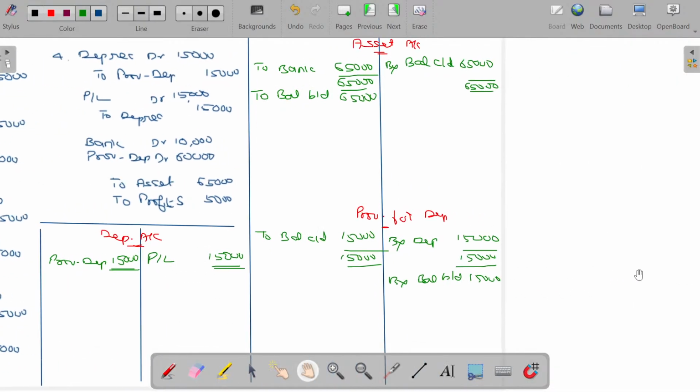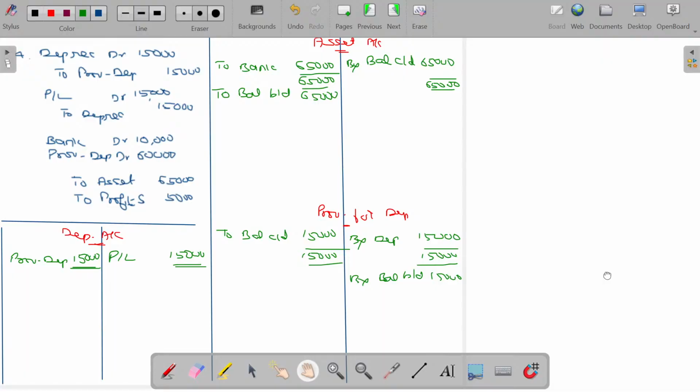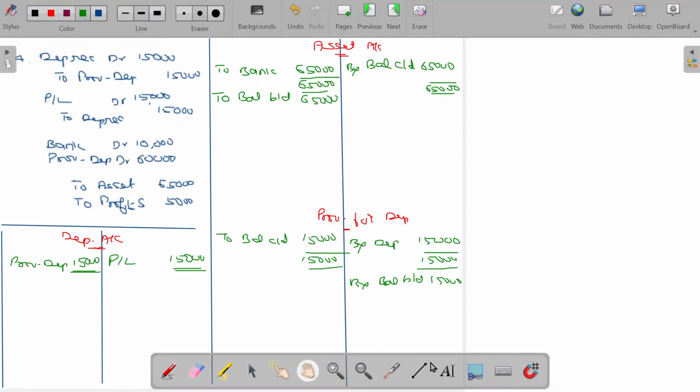So we can prepare the extract of balance sheet as well as P&L account also. How this will appear in P&L account as well as balance sheet.